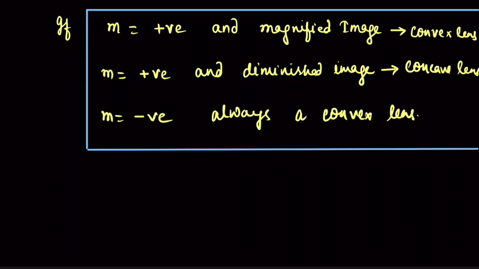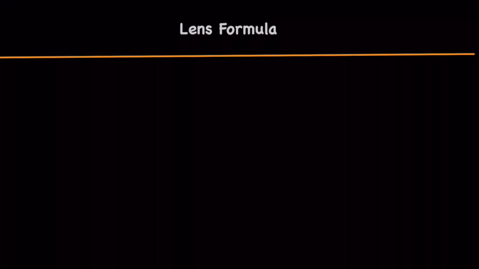Now we can move to the lens formula. When we are using a spherical lens, the relation between u, v and f forms the lens formula.